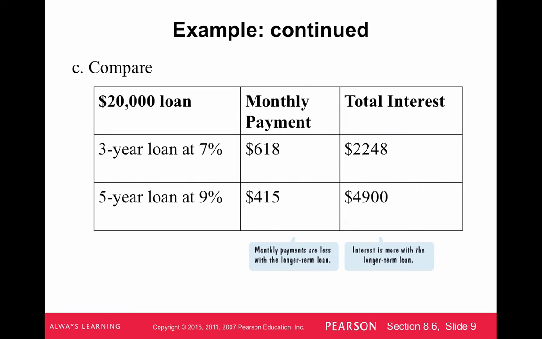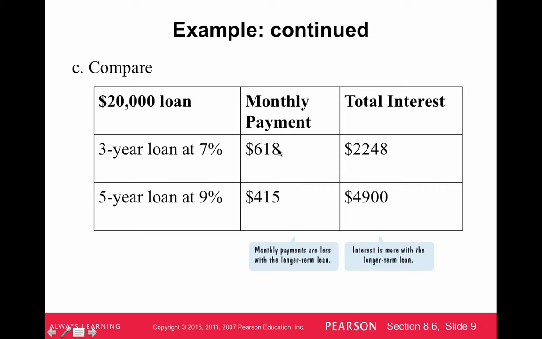So here's a comparison. The monthly payment at the 3-year loan is higher, but the total interest is lower. It's because you pay over a shorter period of time with a lower interest rate that the interest is lower. The 5-year loan has a lower monthly payment, but has higher interest. And that is a classic thing when you loan money. Higher interest rate, higher interest, and longer term, higher interest.